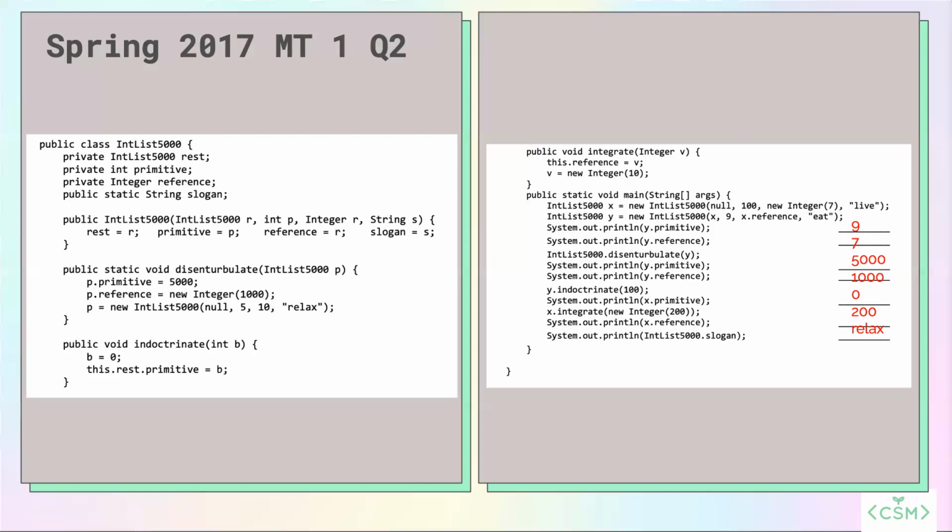Oh, no, you're good. She asked about disinterbulate. So the very third line is where you're setting P to be a new IntList. So she asked why that didn't change Y itself, because disinterbulate is called on Y. Yeah, because when you call a method, you're passing in the pointer of the variable. You're not passing in the variable itself.